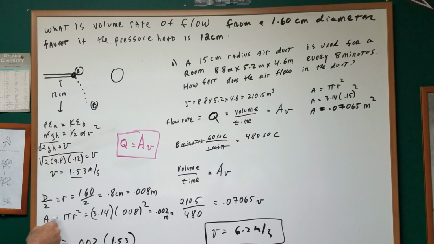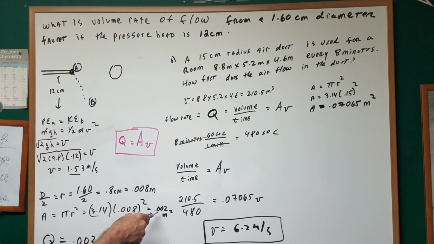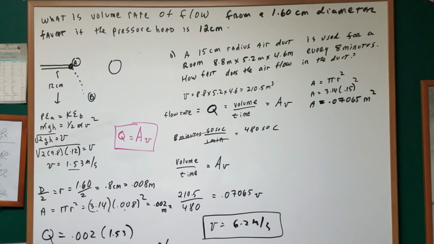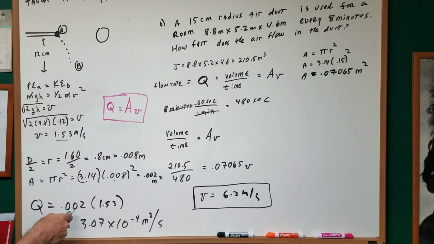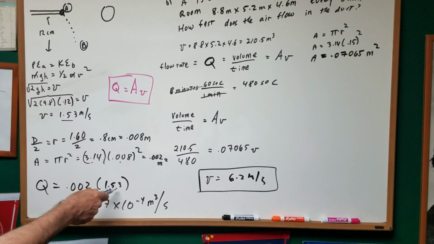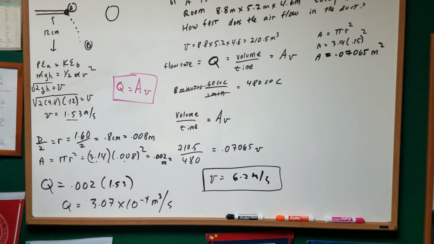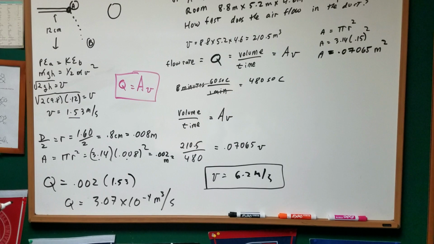So area of the circle is pi r squared. There's the pi, there's the radius, and we come up with 0.002 meters squared. And the kill. The flow rate now is the area we just found, 0.002, times the velocity of 153, and we get 3.07 to the minus 4th meters cubed per second.